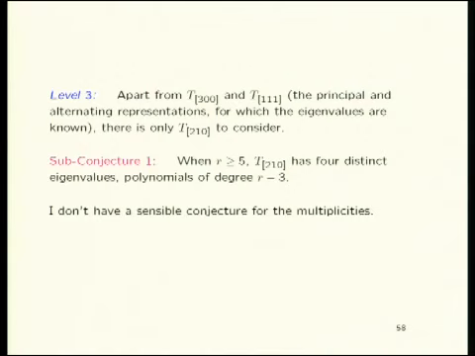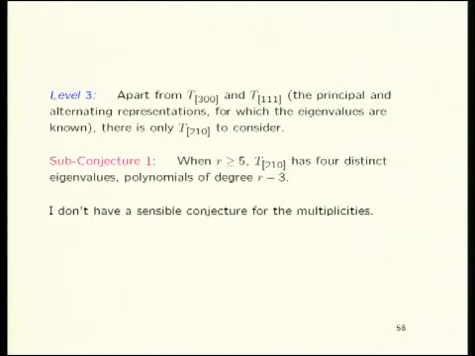That's where you have to change your mindset. I think there are only 4 distinct eigenvalues, and if the main conjecture is correct, they will be polynomials of degree r minus 3. But I can't tell you what they are, and I can't prove that conjecture.